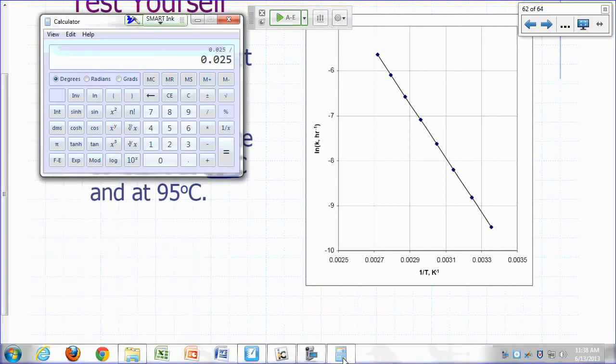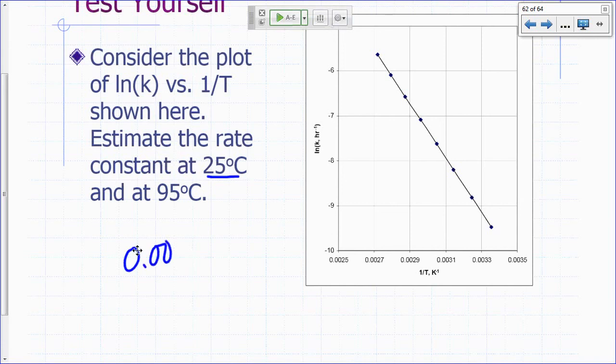So 1 divided by 298 Kelvin is 0.003356. That's 1 over 298. Where is that on my graph?